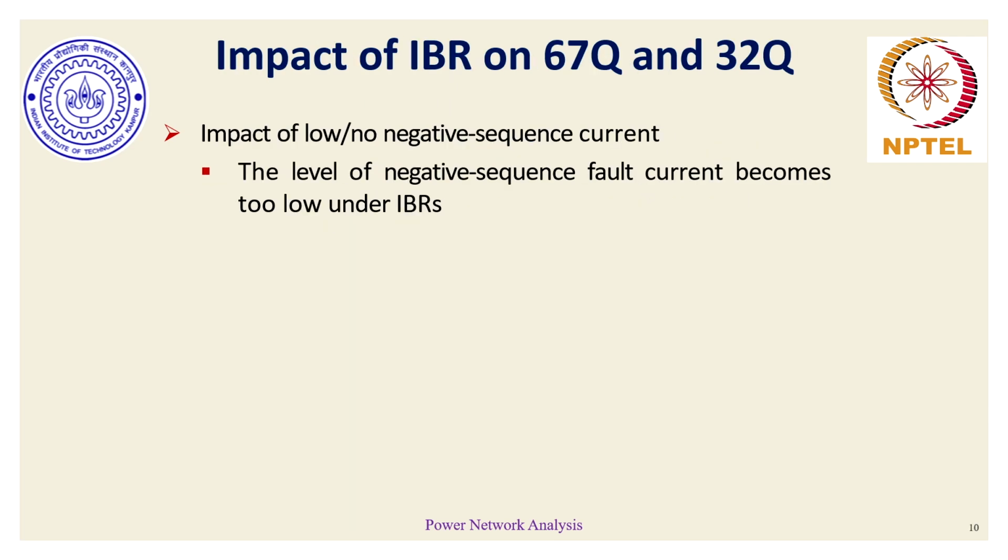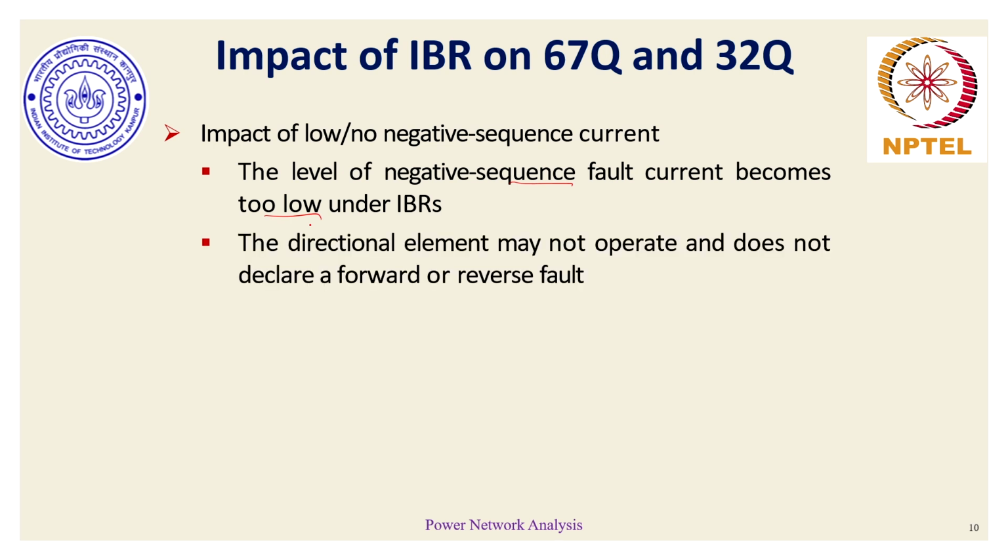In the presence of inverter based resources, the issue is that they not only limit the current quantum contribution, but they also provide a limited amount of zero sequence current or negative sequence current in the network. So the level of negative sequence current becomes drastically lower with inverter based resources.